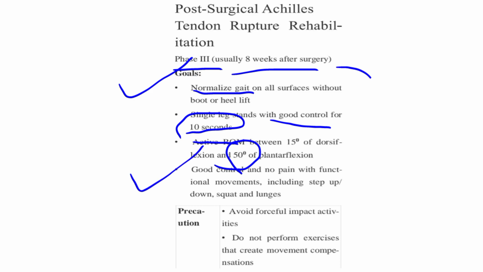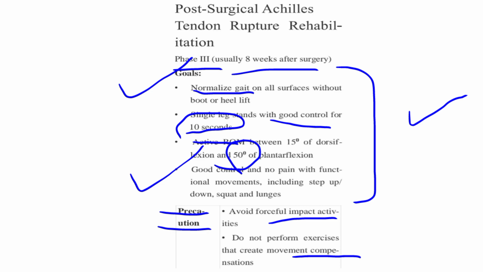The patient has good balance and no pain in all movements. Precaution in this phase is to avoid forceful impact activities. Do not perform exercises that create movement compensations. If the gait becomes antalgic or shows any abnormality, don't perform the exercise that causes movement compensations.